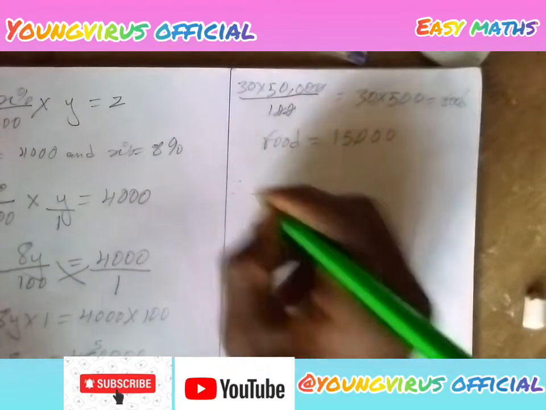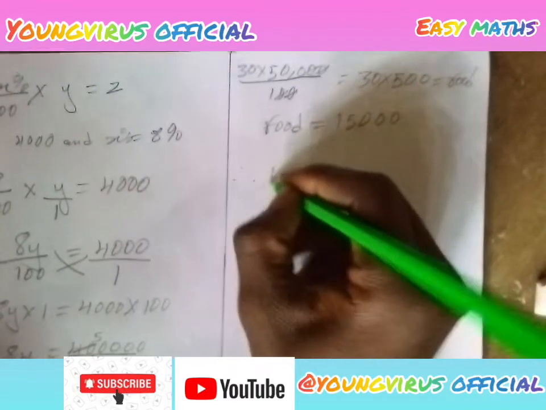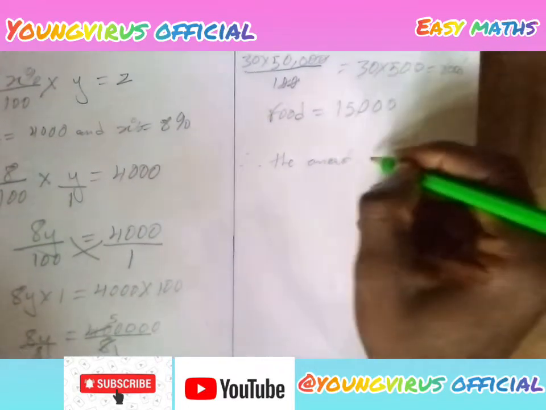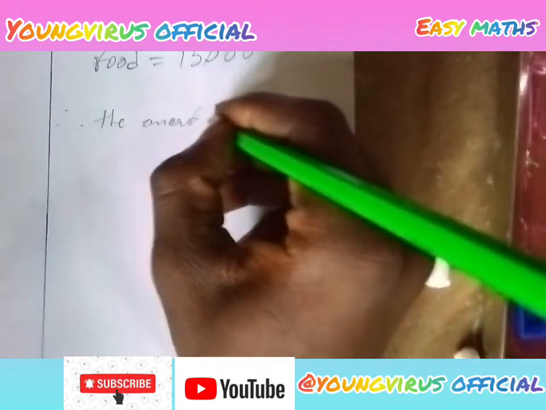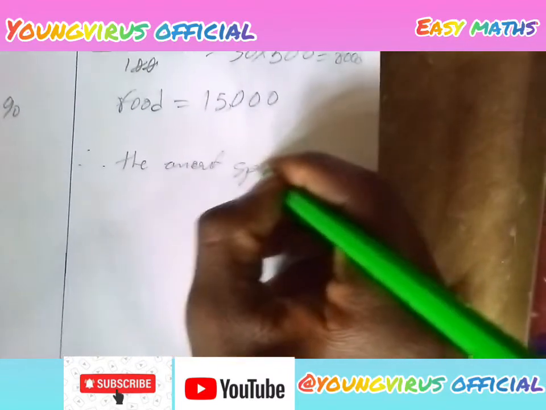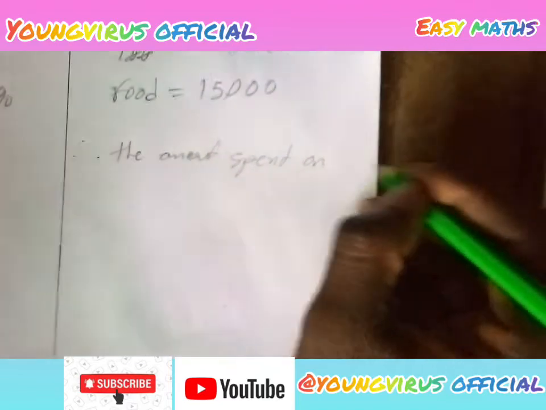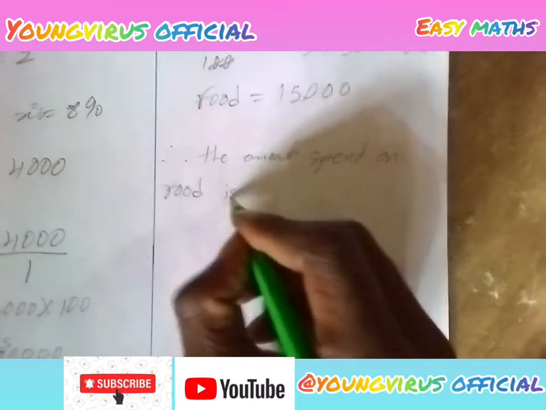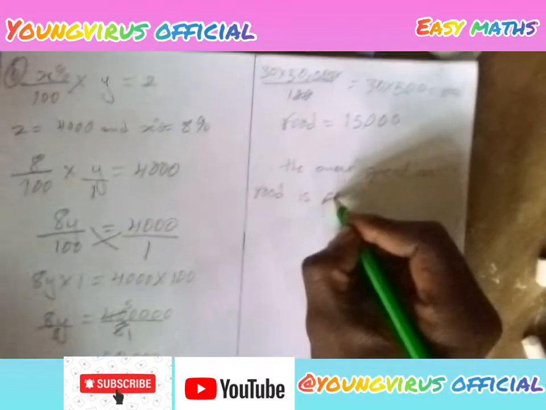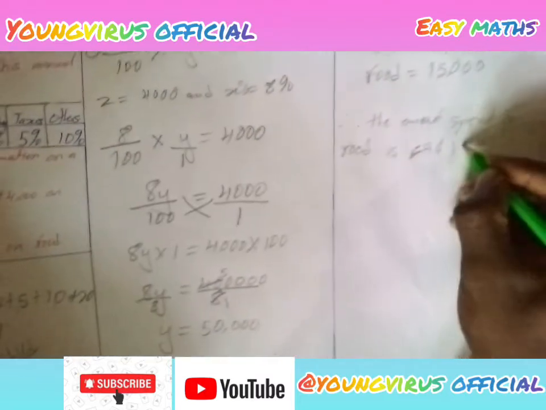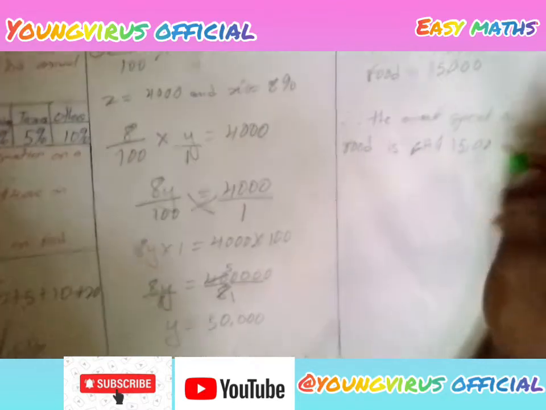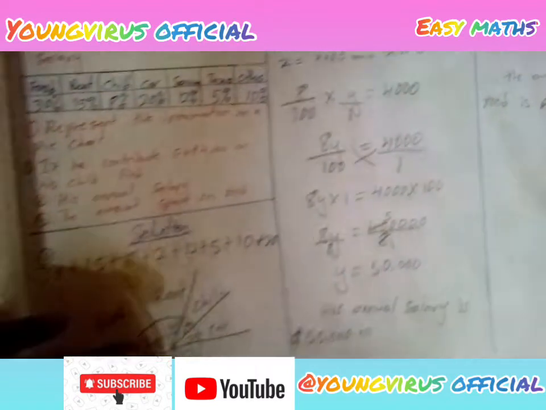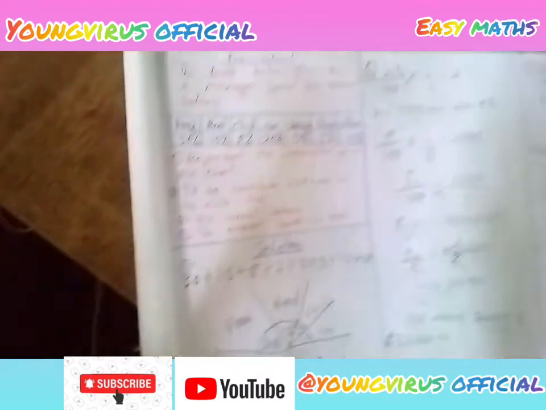So therefore, the amount spent on food is $15,000.